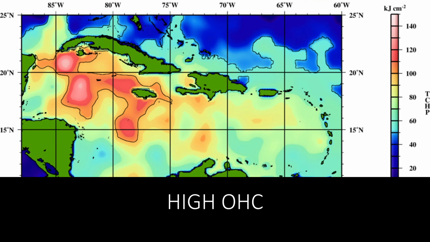As it's upwelling, it's only upwelling warmer water. So the values never go under that magical 26 degree isotherm line, that 26 degrees Celsius kind of threshold. That's very important in upper ocean heat content environments such as this are very supportive for rapidly intensifying hurricanes.